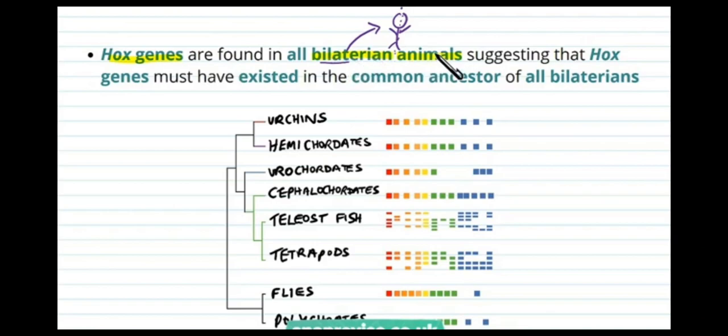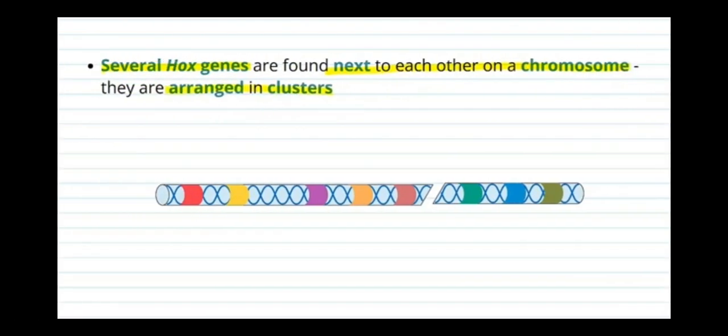So those animals are called bilateral animals, and this Hox gene instructs the formation of structural organization in animals. So Hox genes are found in all the bilateral animals, and it suggests that Hox genes existed in the common ancestor of all the bilaterians.